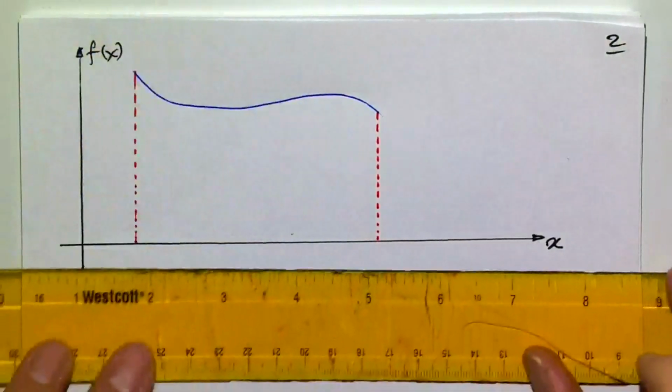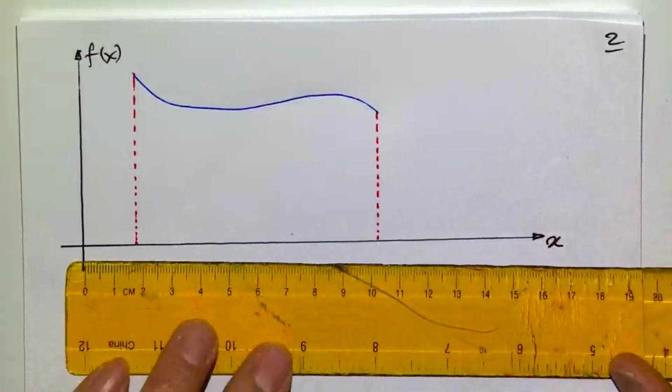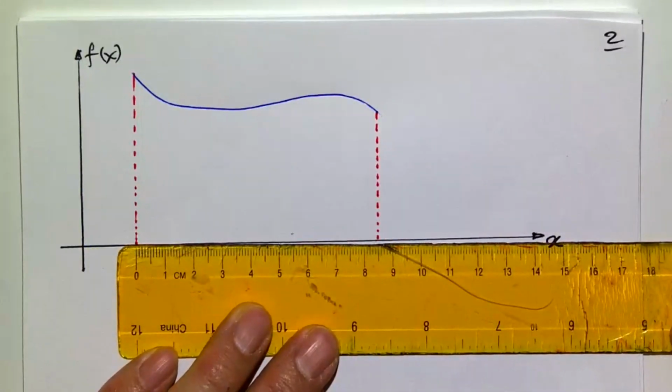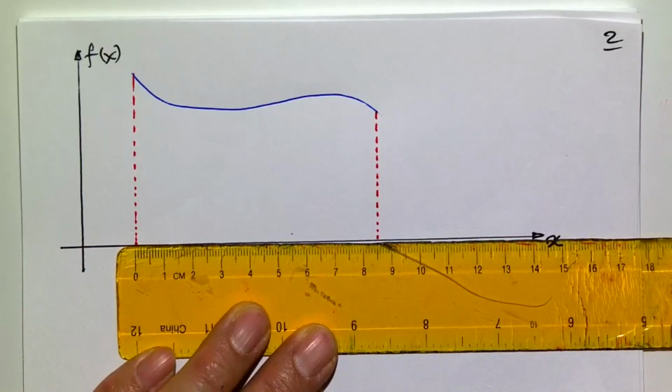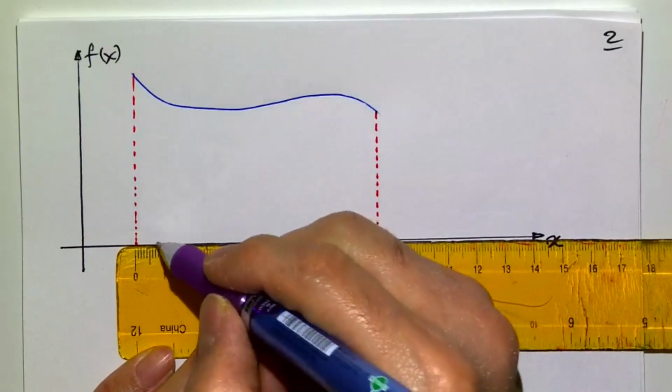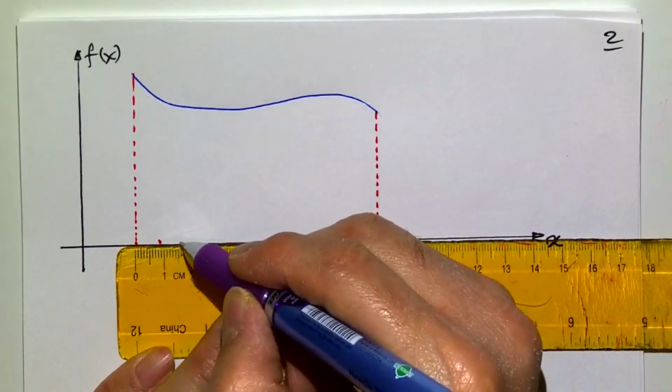So I want to then divide this if I can. I don't know if I can divide it into roughly the same width of rectangles. So I'll just try.